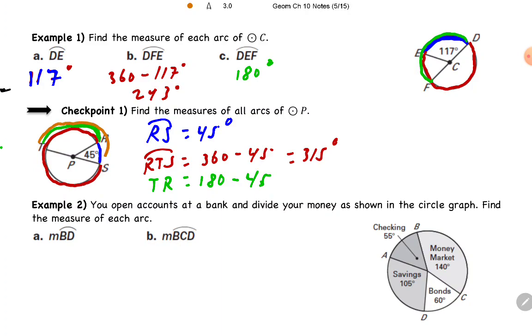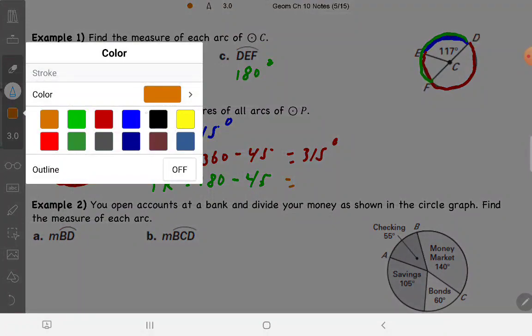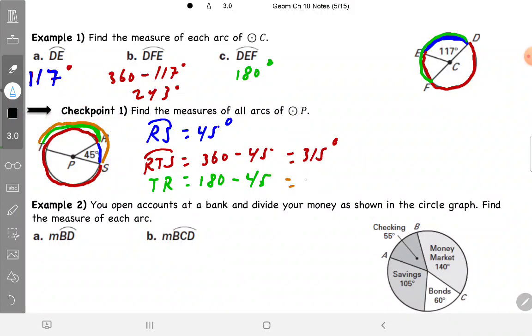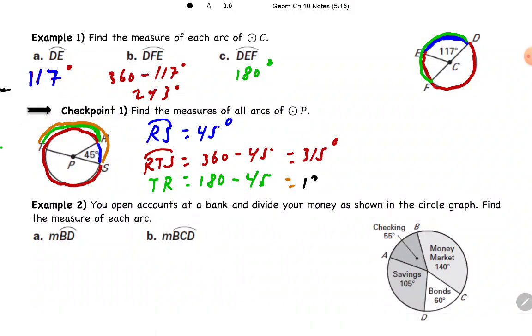This brown thing here is 180 degrees because that's half a circle. So the green is the orange minus the blue part. That's where I get the 180 minus 45 from, which would equal 135.